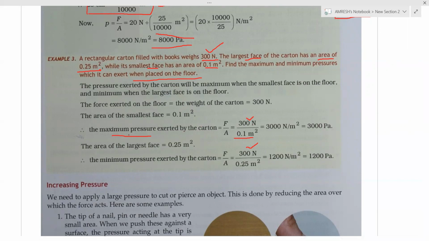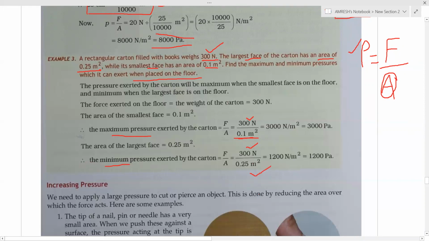Sorry, my dear student, I told something wrong. See, pressure means force per area. As I have told you, small area means more pressure and large area means less pressure. So for maximum pressure, we have to take small area, and for minimum pressure, we have to take large area.